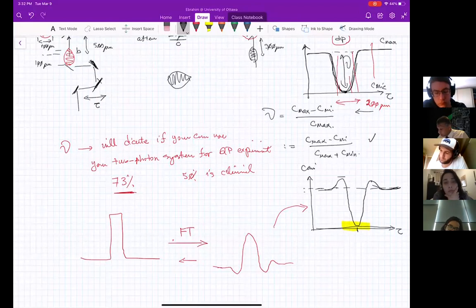The spectrum that you have is dictated by that, so you have to look at the autocorrelation between the two functions. This is essentially what happens here.